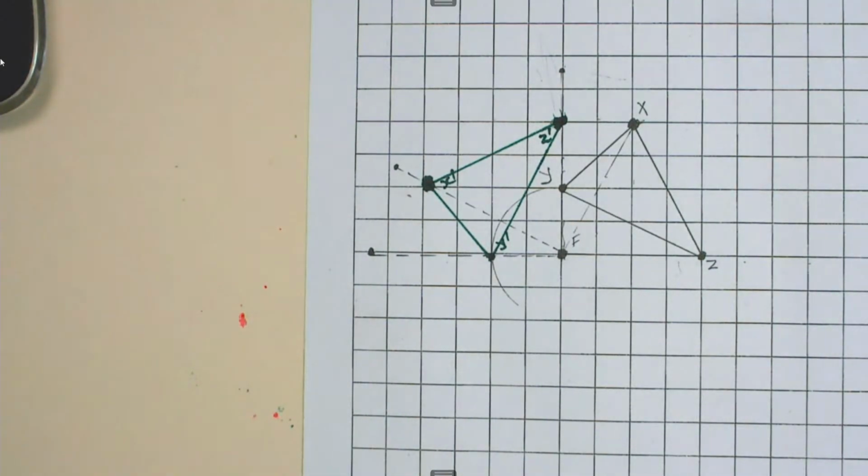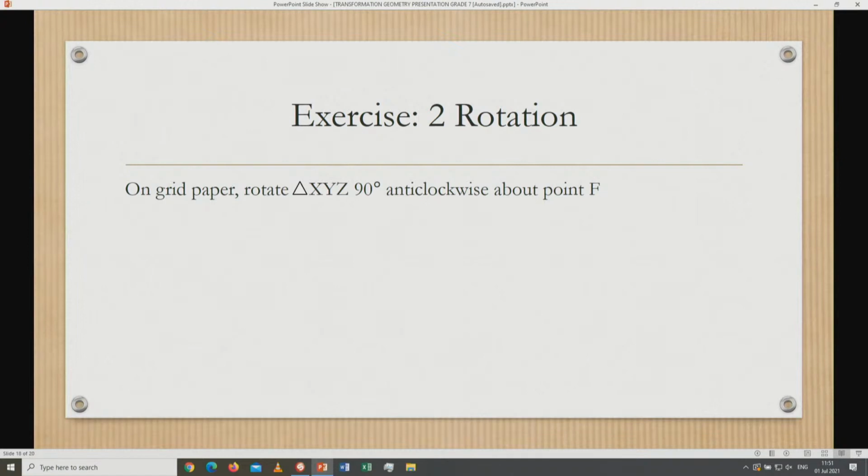Right. So, guys, on a grid paper, the last activity says: rotate the rectangle 45 degrees anti-clockwise around point D. Let us have a look at that one.